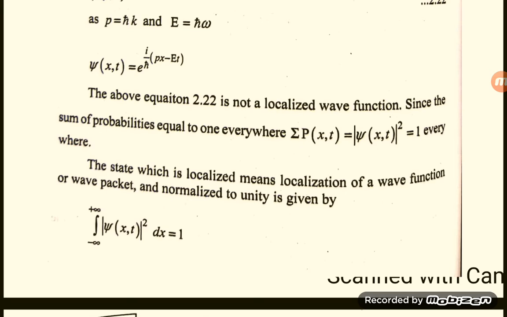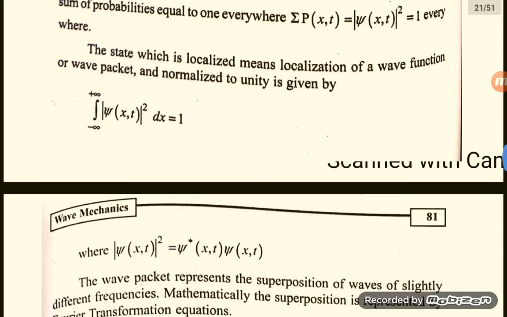That is denoted by the equation integral from minus infinity to plus infinity of mod psi(x,t) square dx is equal to 1. This is the normalization equation.